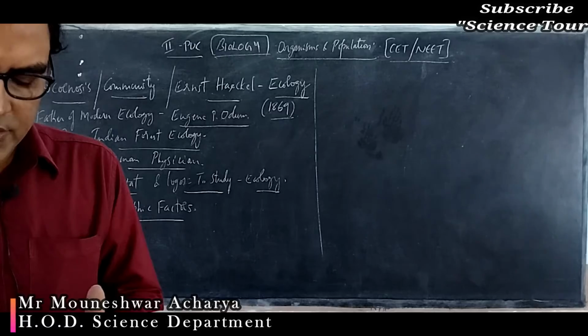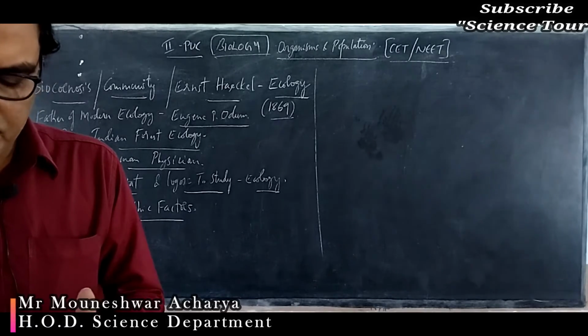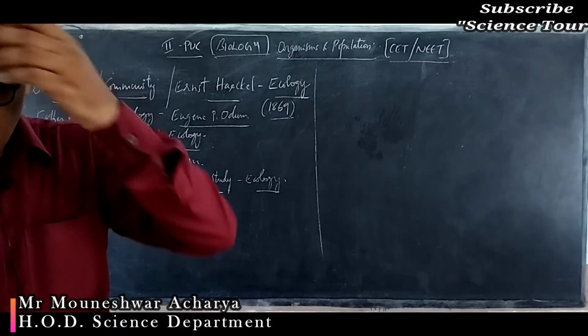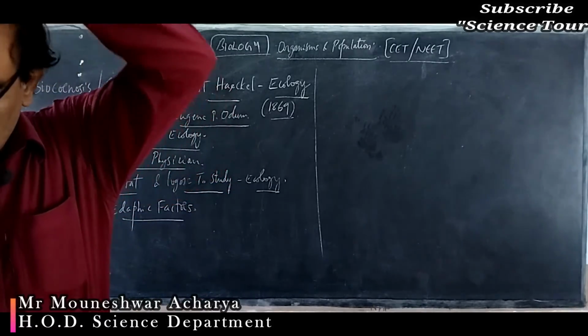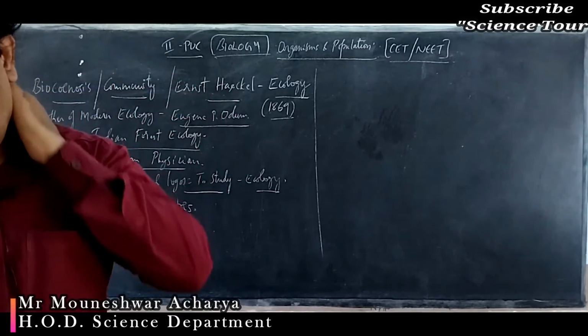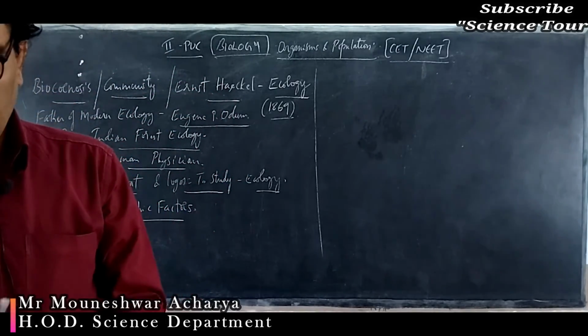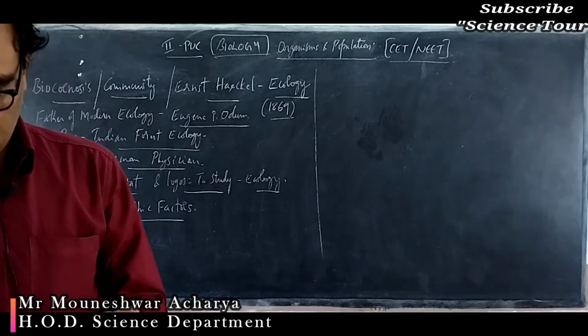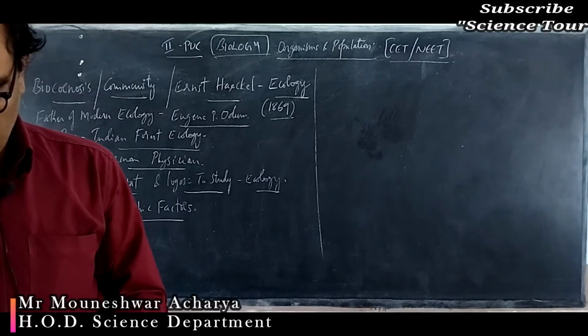Find out the correct match with respect to the salinity in parts per thousand. Inland water greater than 5, sea water between 60 to 65, hypersaline lagoons greater than 100, fresh water is greater than 3. So, salinity is measured in parts per thousand.